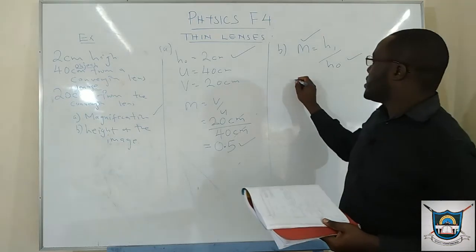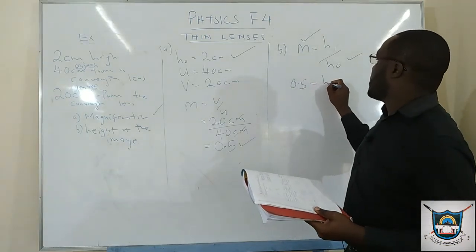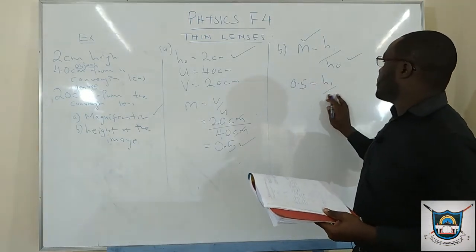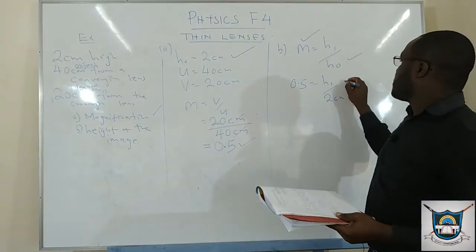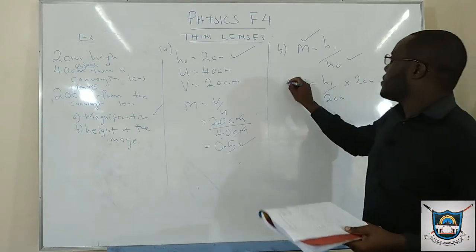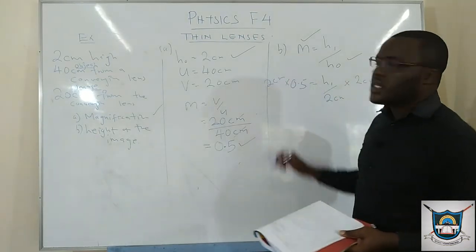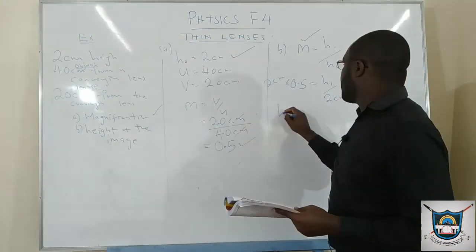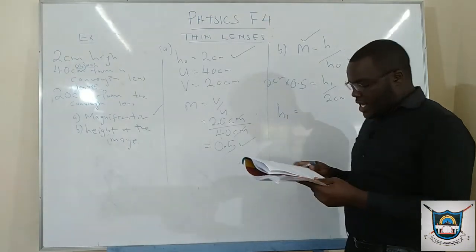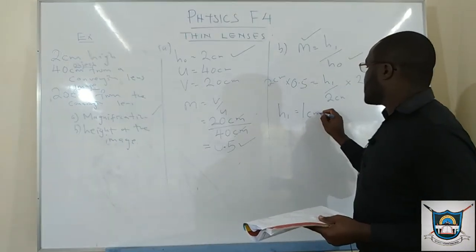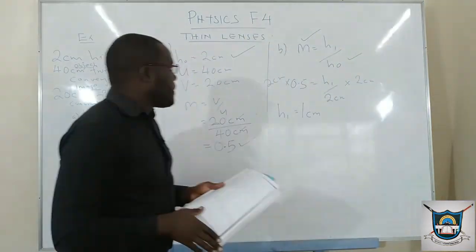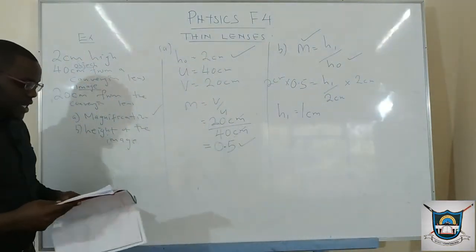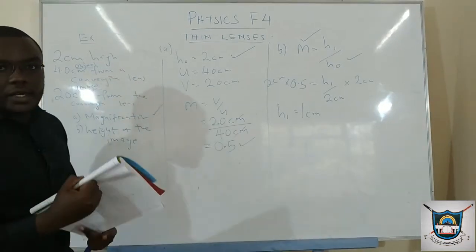So 0.5 is equal to height of image over height of object, that is 2 centimeters. Multiply by 2 centimeters on both sides, and we can see that the height of the image is 1 centimeter. I'll challenge you to look for more examples.